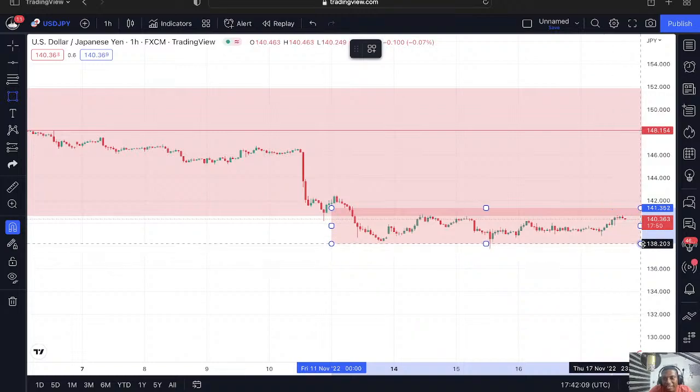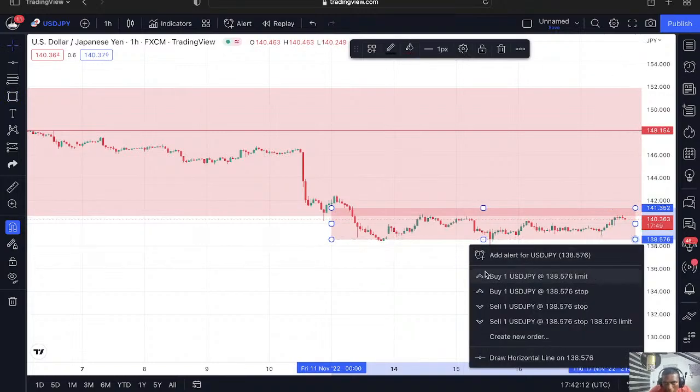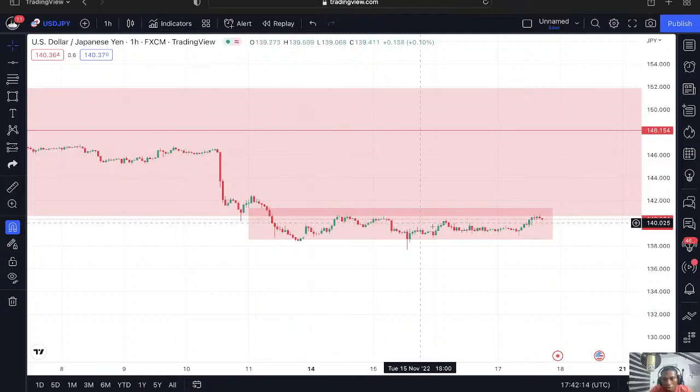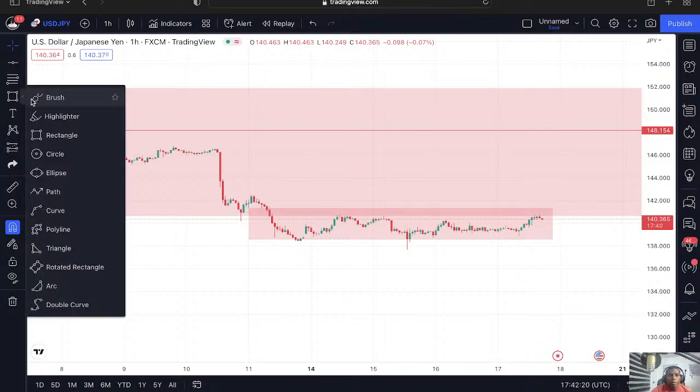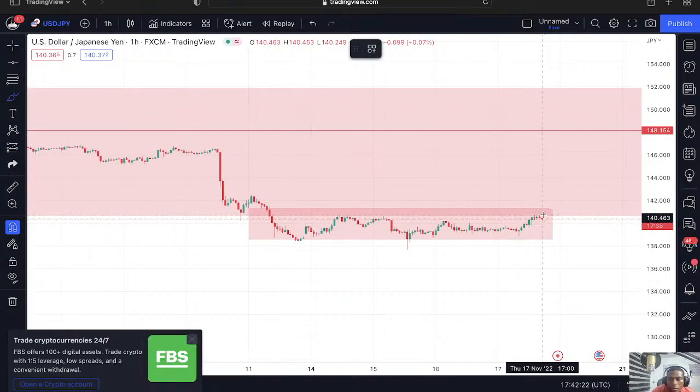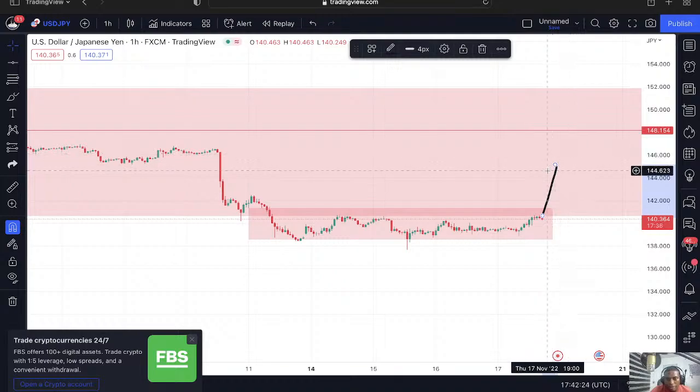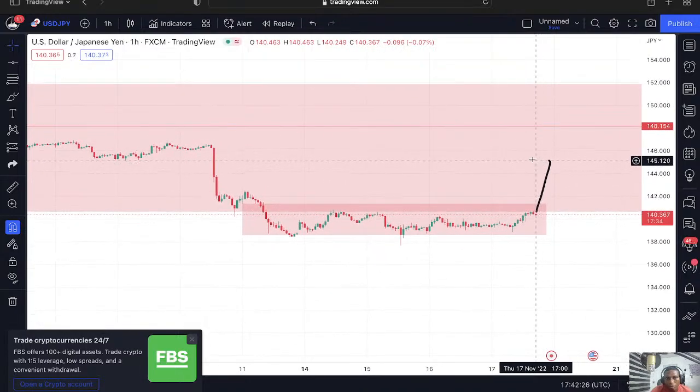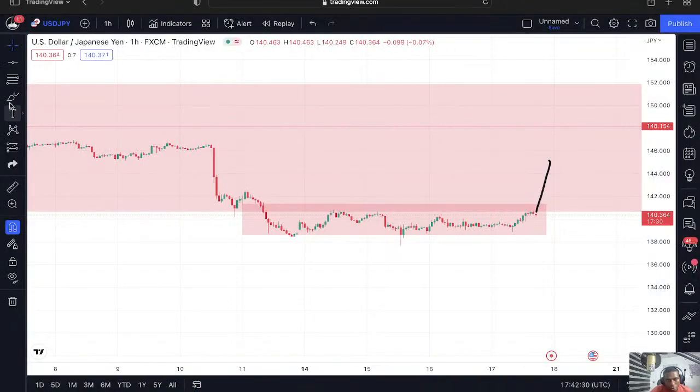Price is lingering longer on this level, depicting a potential breakout to the upside.